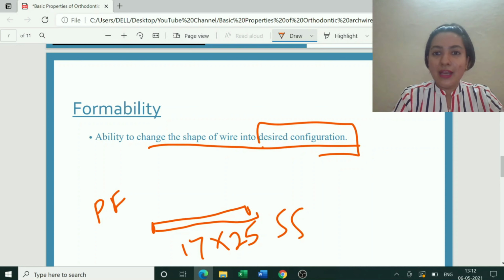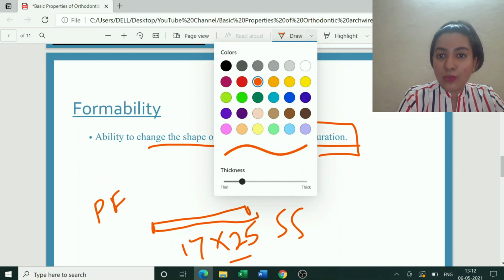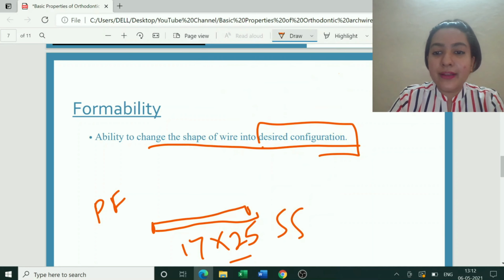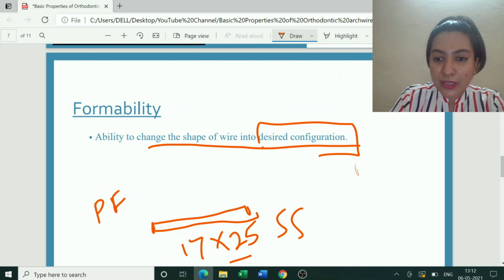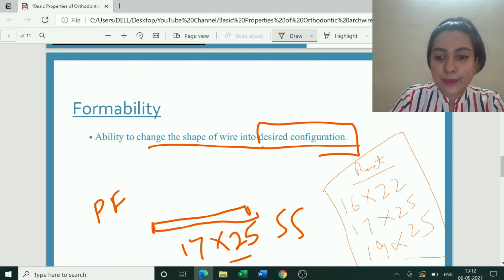Okay, simple. One more thing, since I'm mentioning 1725 and all these things here, I want things to be clear for you people. Wires can be round and rectangular, as mentioned in my previous video. So when I'm saying things like 1622, 1725, 1925, I am talking about my rectangular set of wires.